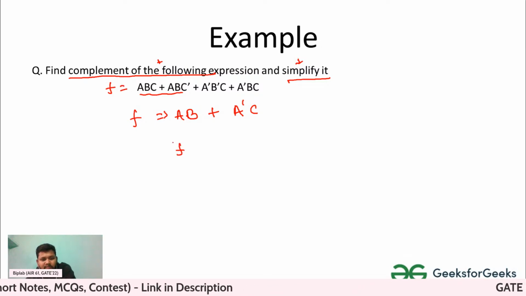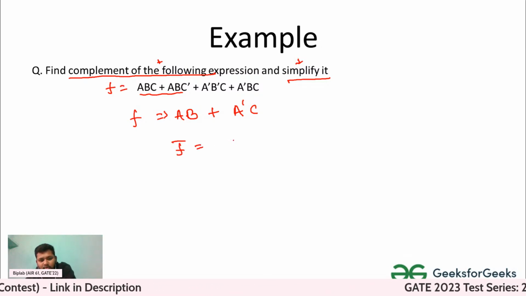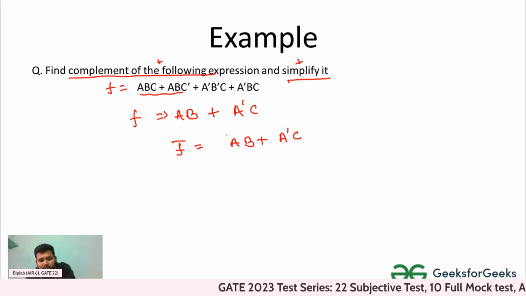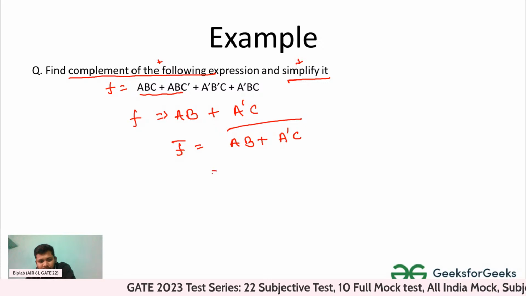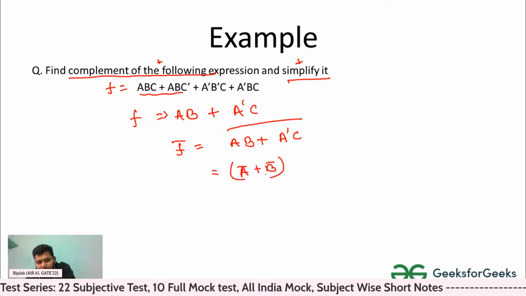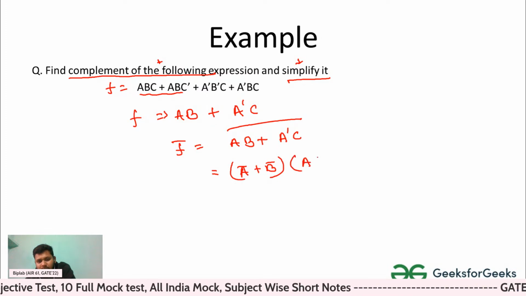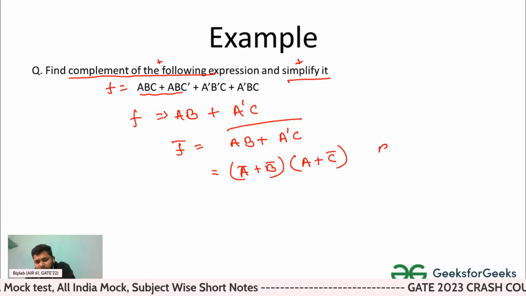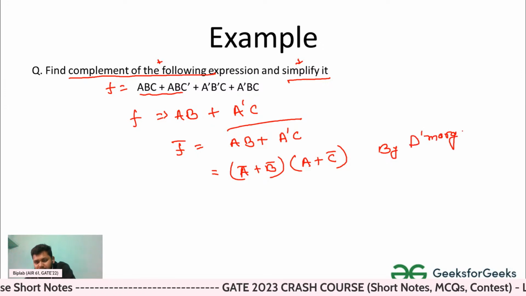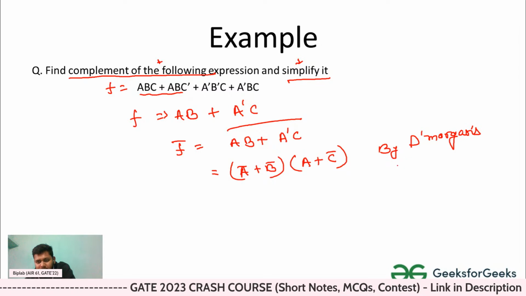Now you are asked to find F bar, which equals AB plus A bar C whole bar, which equals A bar plus B bar into A plus C bar by De Morgan's law.